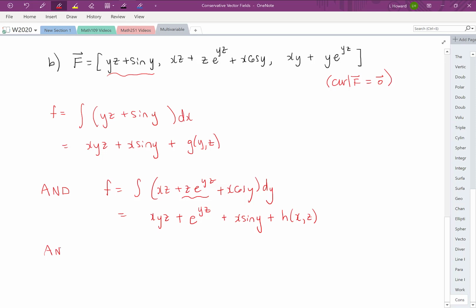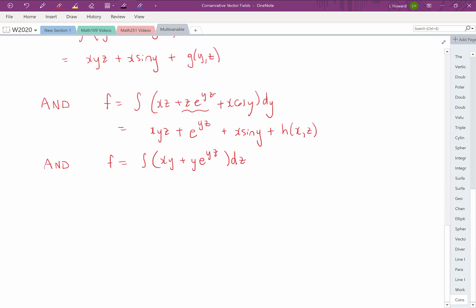And then finally, we'll think about our function little f from one more point of view. If we look at the third component of our vector field, that's xy plus y e to the yz. Let's integrate that with respect to z. That's going to give us xyz plus this term here is going to integrate just to the exponential e to the yz.